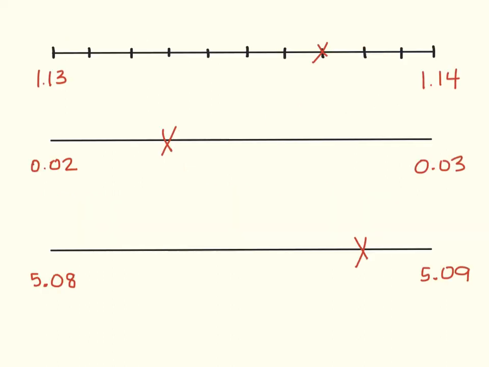Pause the video while you name each marked point. So what would be the name of this tick mark on the number line? Well, if I keep counting by hundredths, this would be 1 and 13 hundredths, 1 and 14 hundredths. It's hard to tell what comes in between.